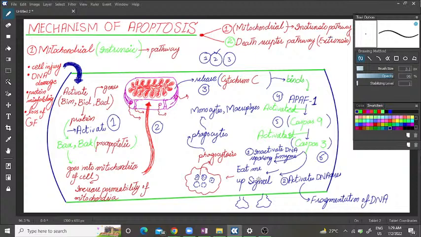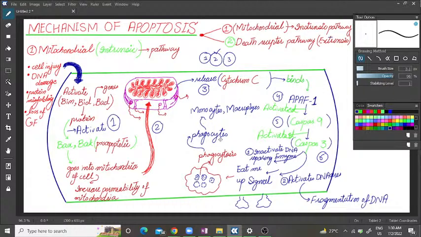So the eat me up signal is generated from the cell, and when it is generated, the phagocytotic pathway of the body becomes activated, and in the phagocytotic pathway, monocytes, macrophages, dendritic cells, natural killer cells, and all those cells are involved in the process of the phagocytosis of that apoptotic cell.